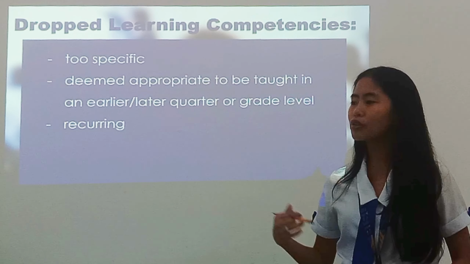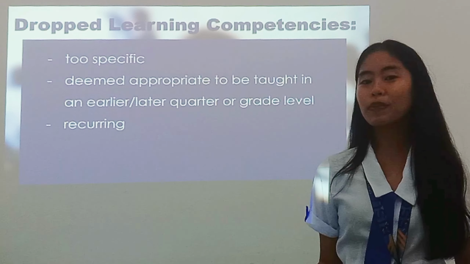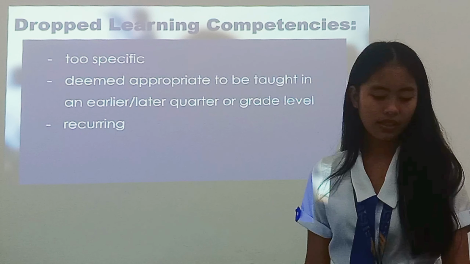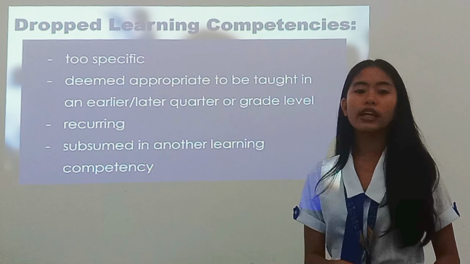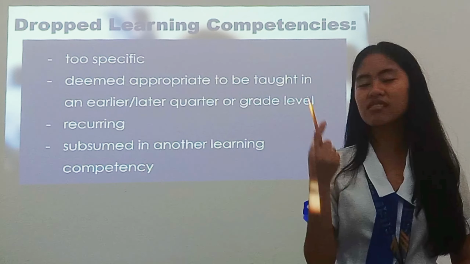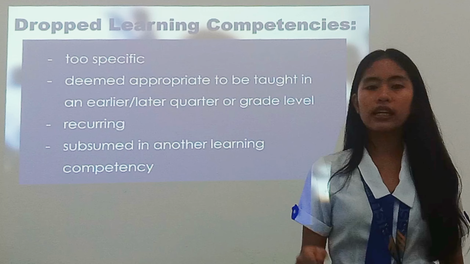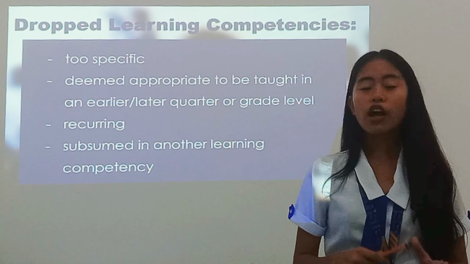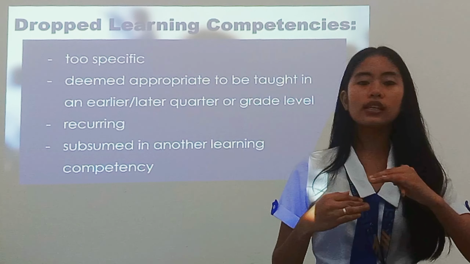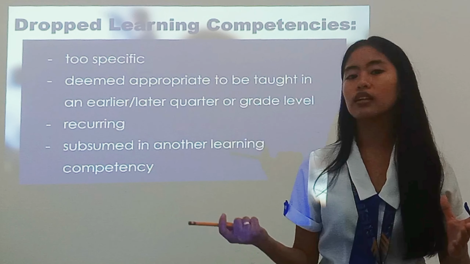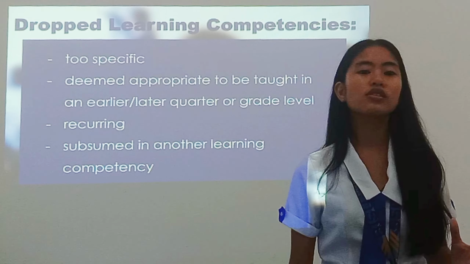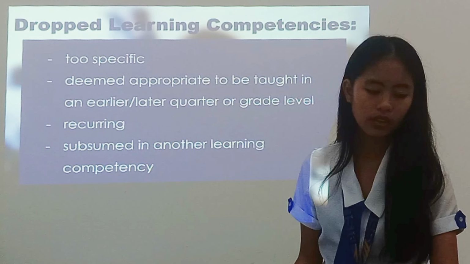So if it is repeating, you cannot include the learning competency in the most essential learning competencies. Lastly, it is subsumed in another learning competency. So it means that the learning competency is under another learning competency. So it is too specific or too broad. If so, then it will not be included in the most essential learning competencies.